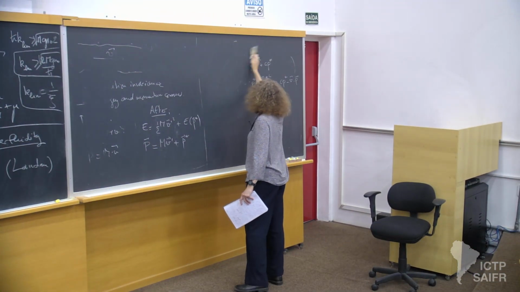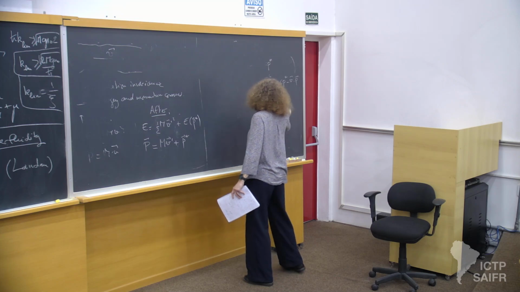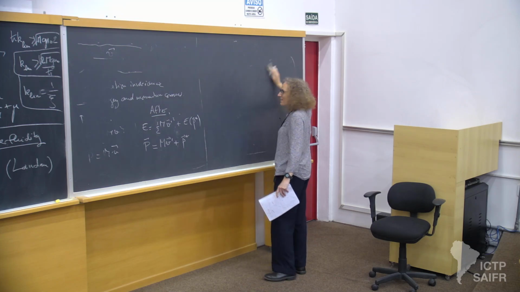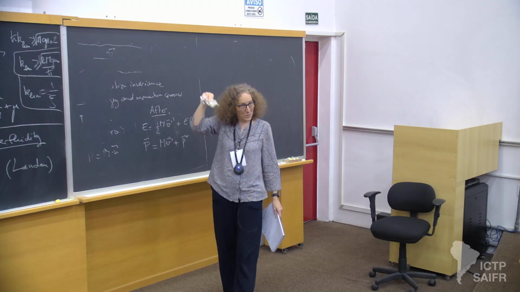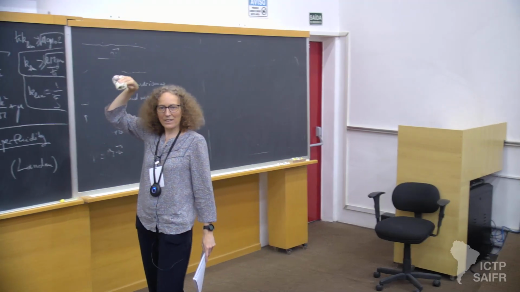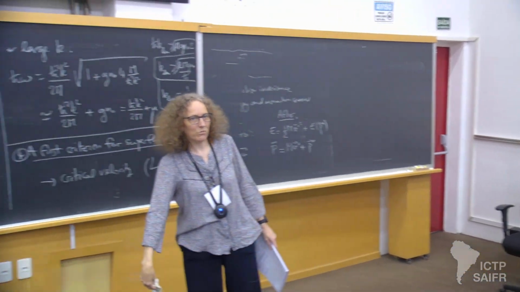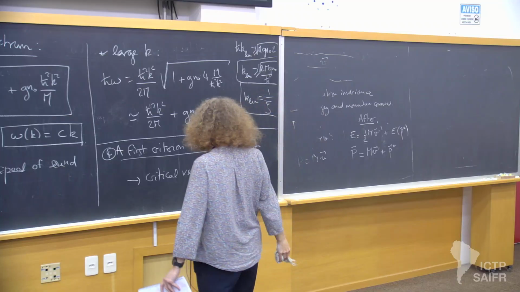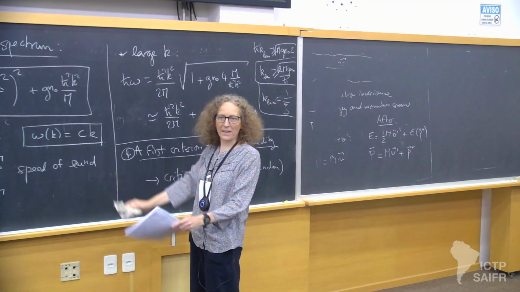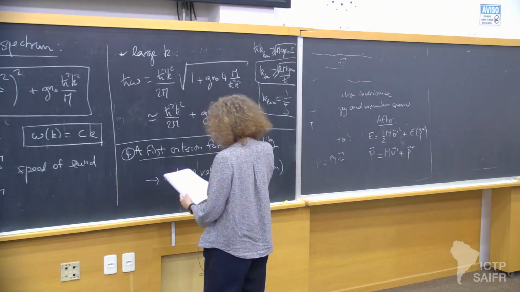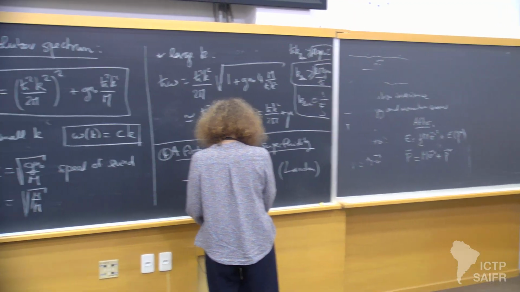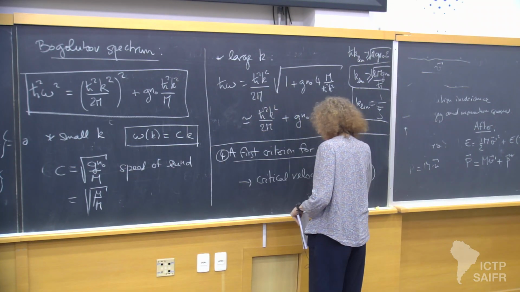There are excitations that are not wave-like, and for which I cannot say that delta n is small, because I can even have the density go to 0 due to this excitation. And so it's not described by this kind of weak excitation. And namely, the excitation I would like to introduce are vortices.